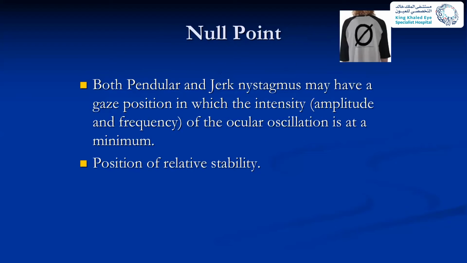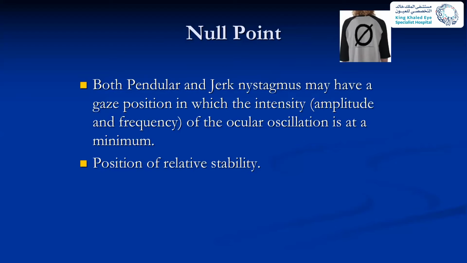Null point. What is the null point? Both pendular and jerk nystagmus may have a gaze position in which the intensity, amplitude, and frequency of ocular oscillation is at a minimum.